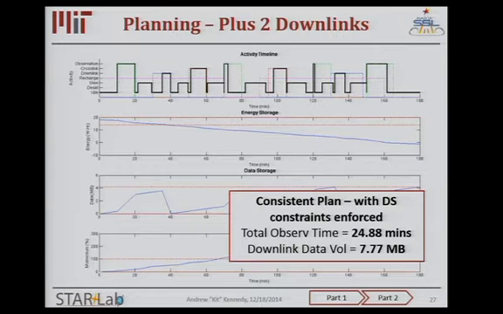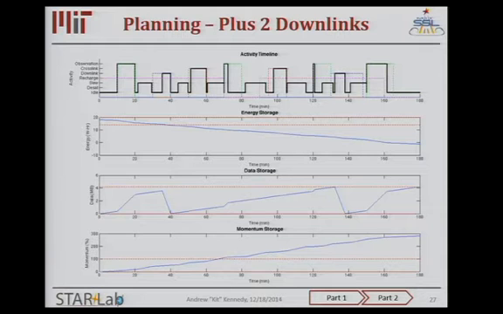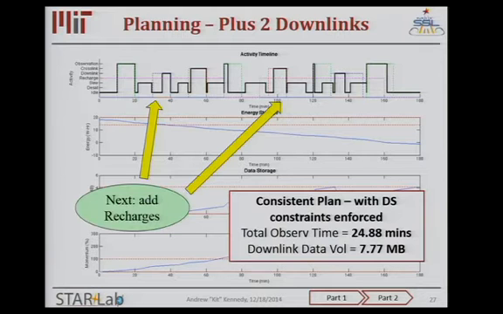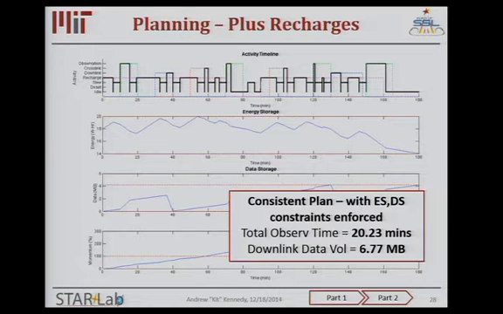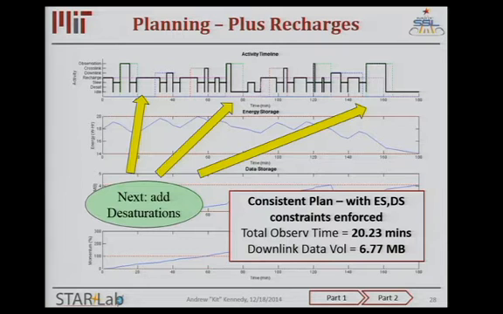But we're still not quite there in terms of energy storage and momentum storage, so we add recharges. We're getting a more complicated plan, but now we meet both energy storage and data storage requirements. And then, to satisfy the last constraints, we can add desaturation activities to get rid of stored angular momentum.